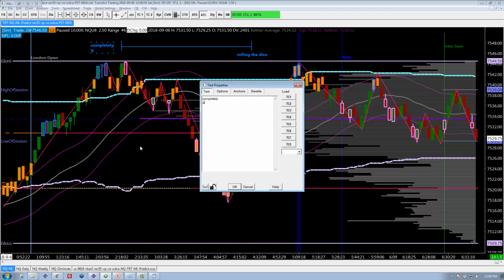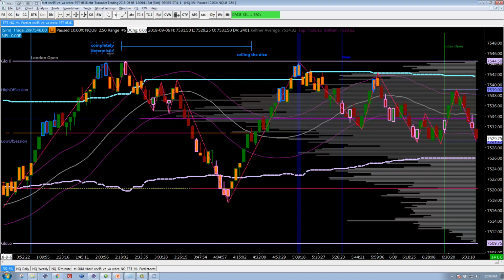Completely deterministic is if this happens, then this other thing always happens. An example of something completely deterministic is gravity. If I throw a ball in the air, it's going to come down in a completely predictable way because the physics don't change.